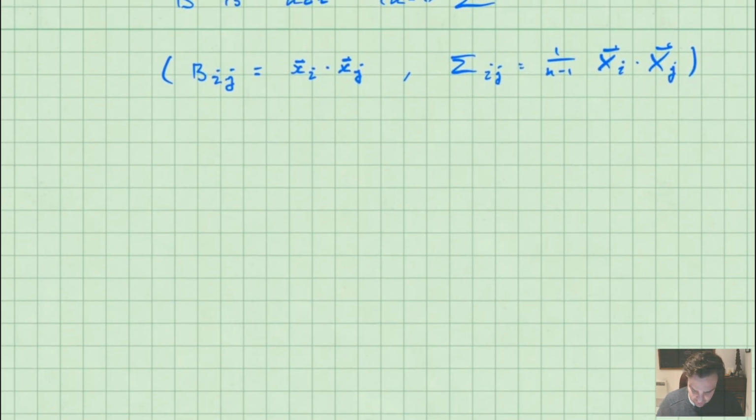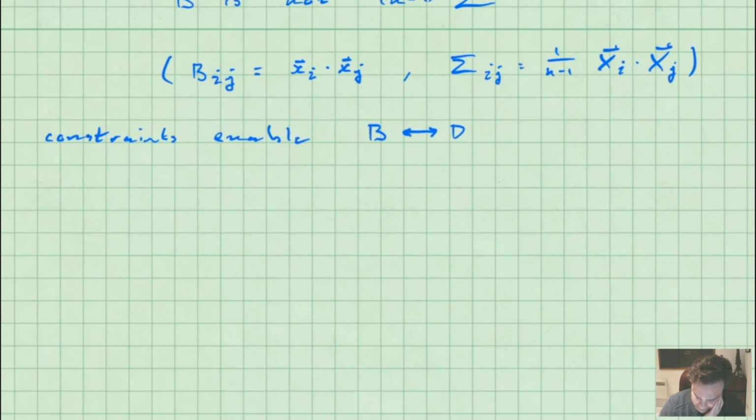Okay, and here I want to show that the following is true. We'll use the constraints to show the following. We'll find a way to go from B to D, but also from D back to B. And then we'll finish off by showing how you get from B to X. That'll be our whole scheme.